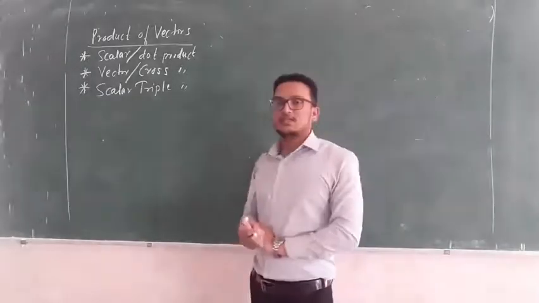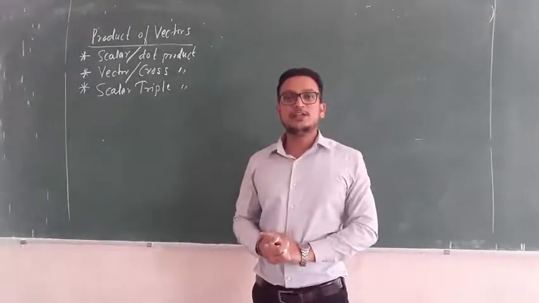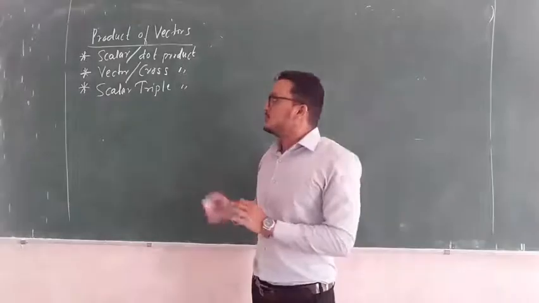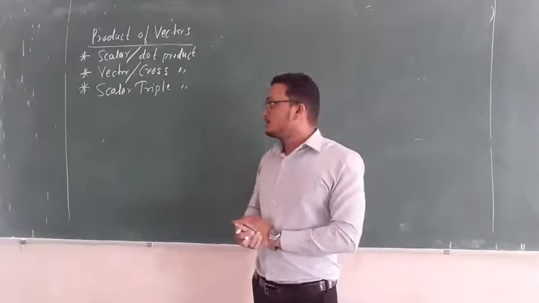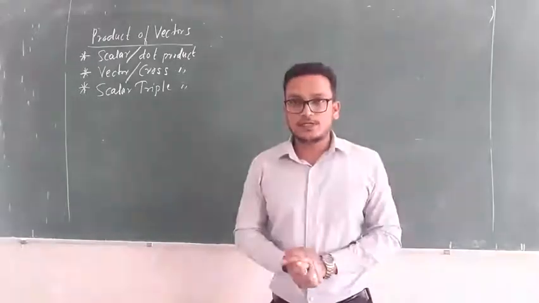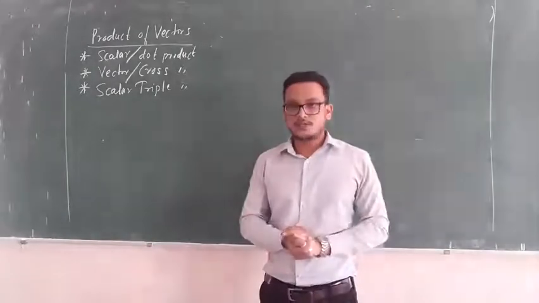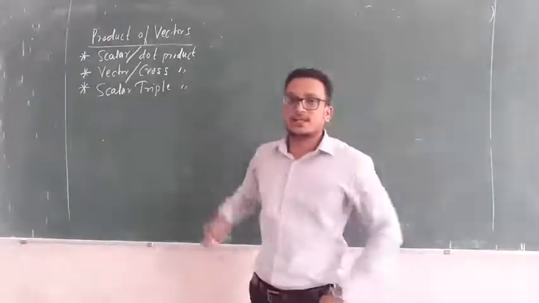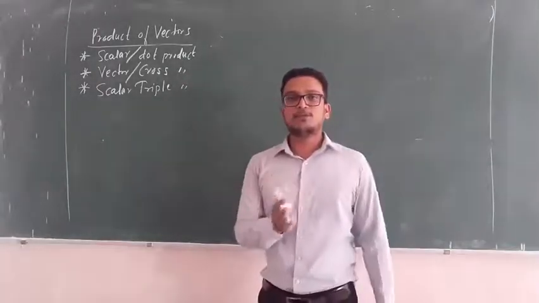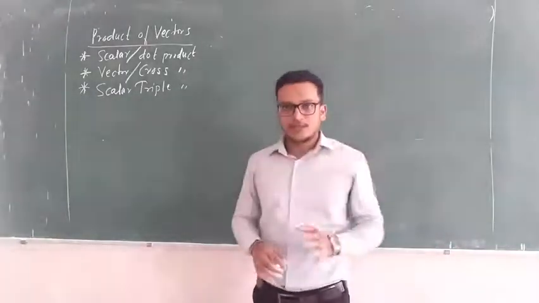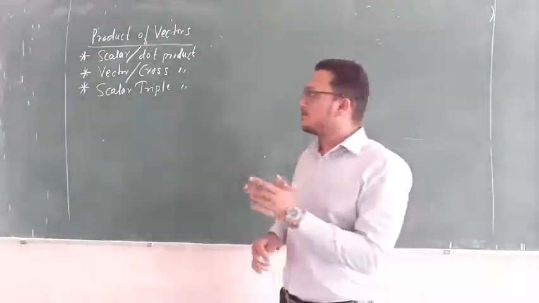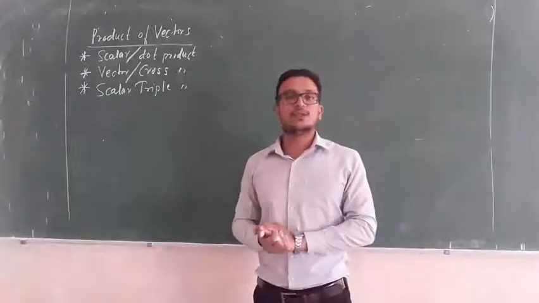So we will see each concept separately in detail. To study this, we need only the properties or observations of all three types. If you get perfect with the observations or the properties of all three types, then the problems based on these three concepts you can solve very easily.